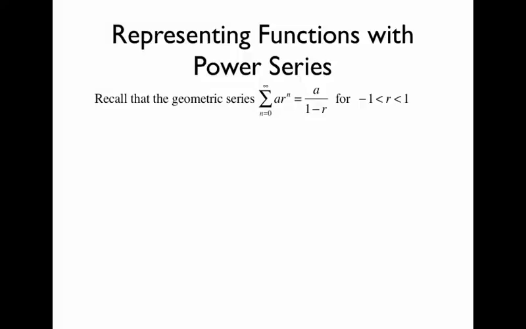So what we're seeing is that power series are an example of how you can represent a function with a power series. So let's look at more examples of that. So first we want to recall this. This is what this is all based upon. Writing functions as power series is all based upon the geometric series.